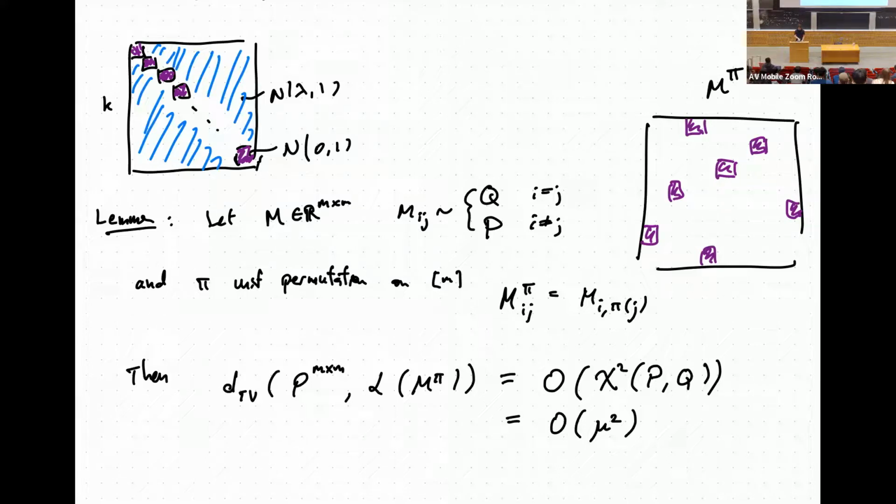Okay, so the lemma says the total variation distance between an m by m matrix where everything is P, and this funny permuted thing where we had something messed up on the diagonal and then randomly permuted, is bounded by a constant times the chi-square divergence between P and Q. What is the chi-square divergence?